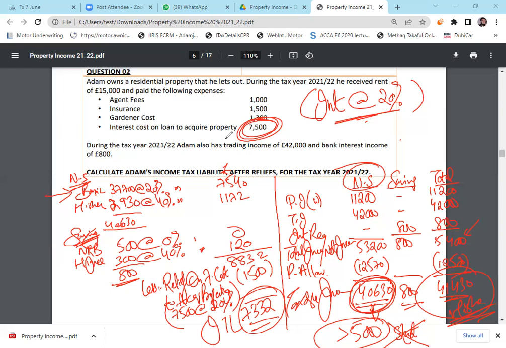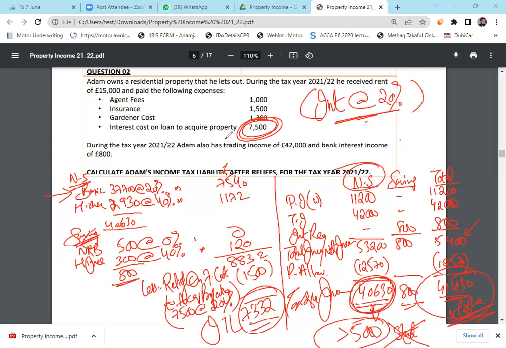So interest cost to acquire property is not an allowed expense, but the second impact is that the amount of interest at the rate of 20% is going to reduce our income tax liability. Means interest cost on loan to acquire property will be a reducer in ITL, income tax liability. Nothing to do with property income.